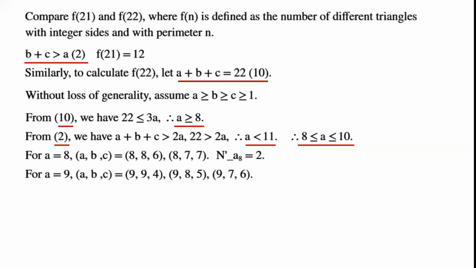For a = 9, (a, b, c) = (9, 9, 4), (9, 8, 5), (9, 7, 6). So the number with largest side 9 equals 3.